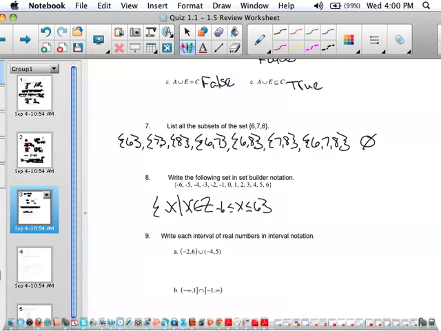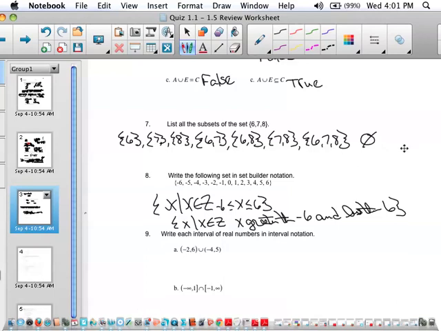Could also be written as x such that x is an element of the integers. X is greater than -6 and less than 6. So you could write that either way. And as I said, set builder notation tends to have more words than notations.